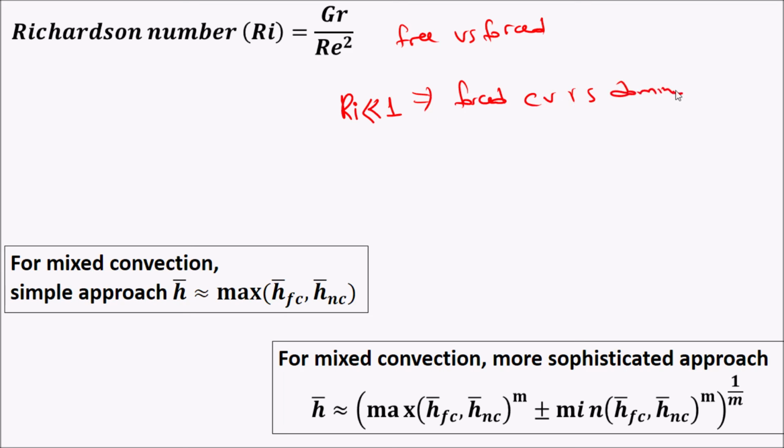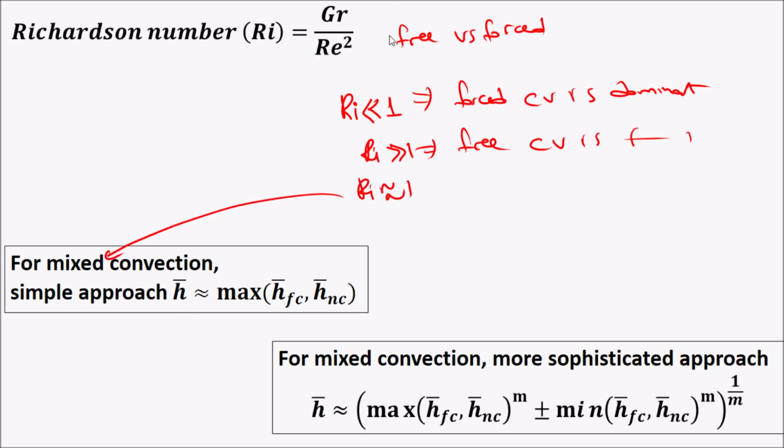If the Richardson number is much greater than 1, it means that Grashof is more than Reynolds number squared, and free CV is dominant. But if the Richardson number is approximately 1, you will have mixed convection. Mixed means free and forced, all of them are important.